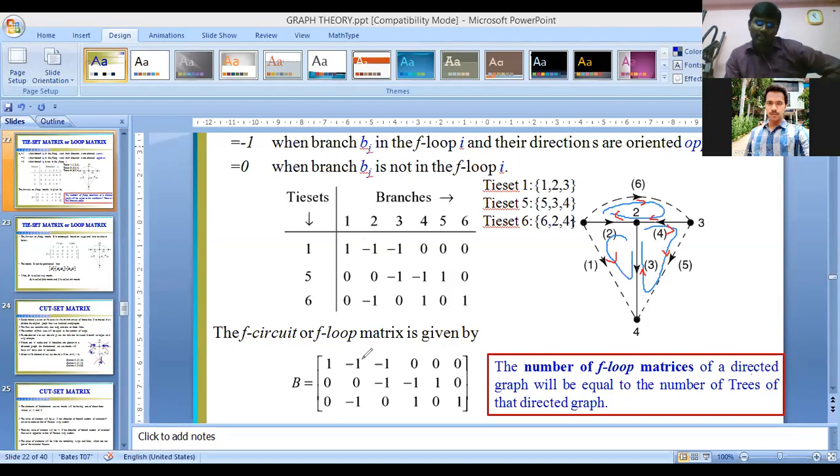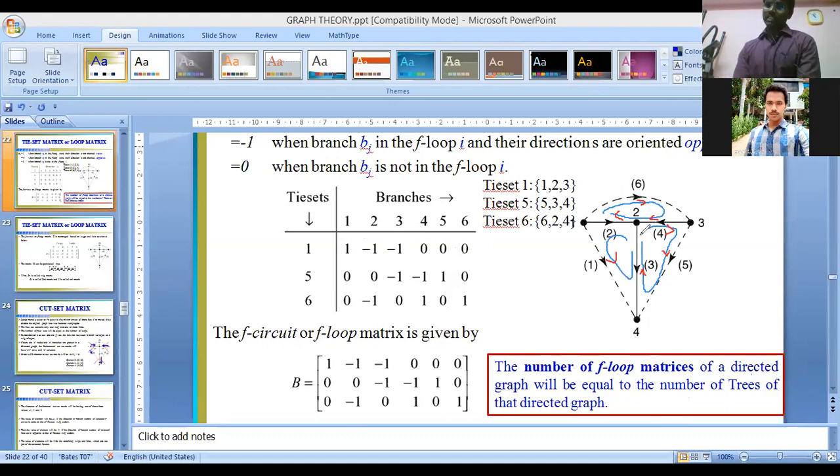Here the number of fundamental loop matrices of a directed graph will be equal to the number of trees of the directed graph.